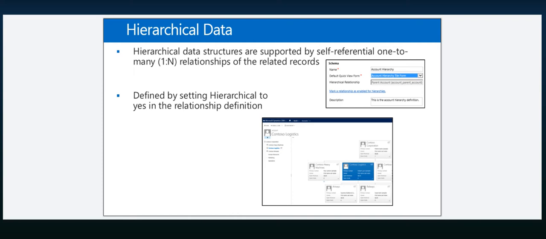What that hierarchy enables you to do is see, for example, different accounts in a hierarchical view with these different cards that you can see down here. When you go on to Contoso Logistics, for example, which is highlighted in blue, you can see what the parent entity is, Contoso Corporation, and you can see the other accounts associated in the hierarchy around your existing record.